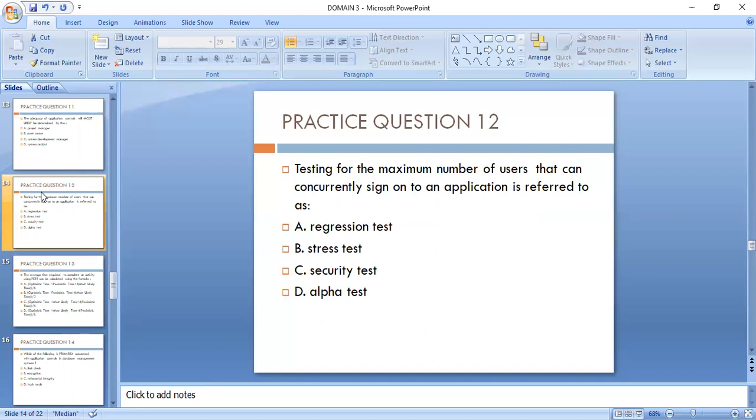So you want to test the maximum number of users that can sign on at the same time on the application. And this is very important. I've seen practically in a live situation, two organizations that were affected by this because the number of employees later outgrew the ability of the software to support. So that has to do with capacity management. So the answer here is B.